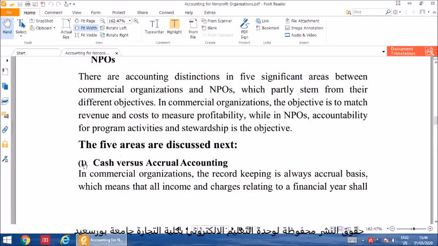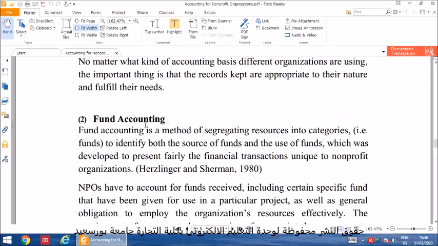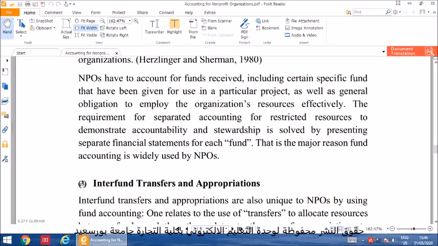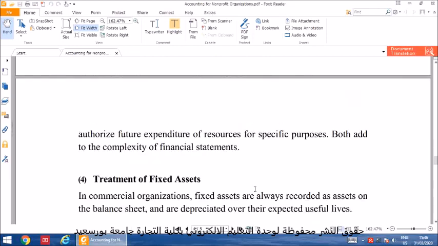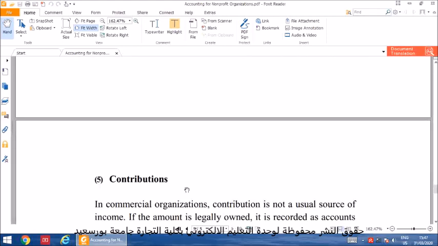The first area, cash versus accrual accounting. Secondly, fund accounting. Thirdly, inter-fund transfers and appropriations. Fourthly, treatment of fixed assets. And lastly, or fifthly, contributions.